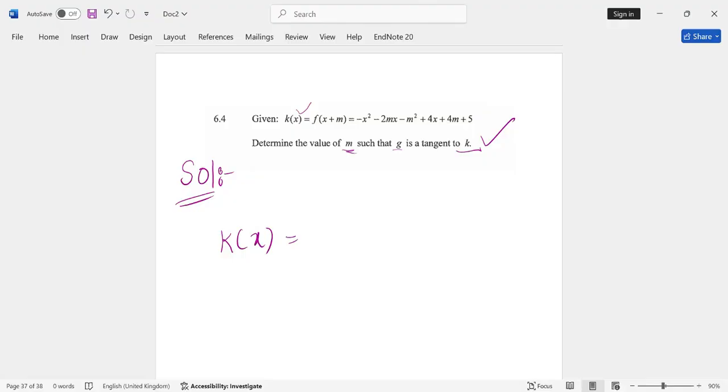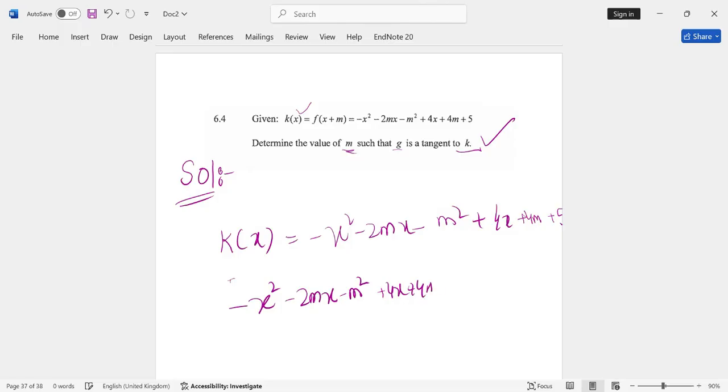So we have minus x squared minus 2mx minus m squared plus 4x plus 4m plus 5, that is equal to 2x plus 2.